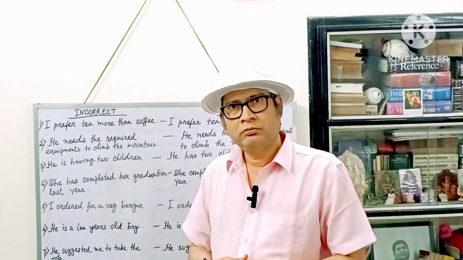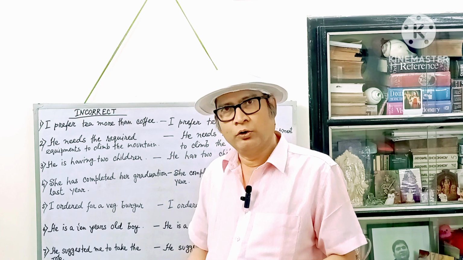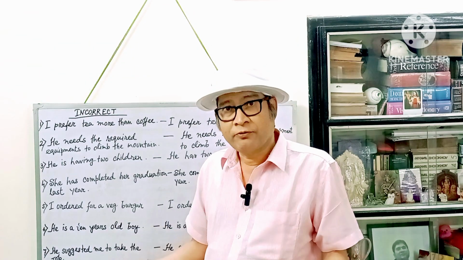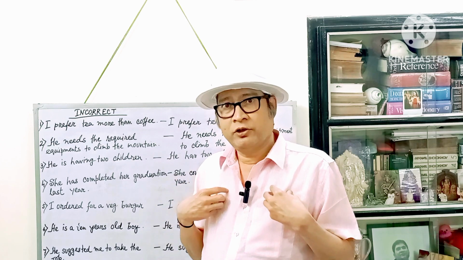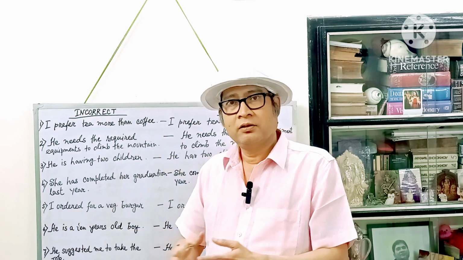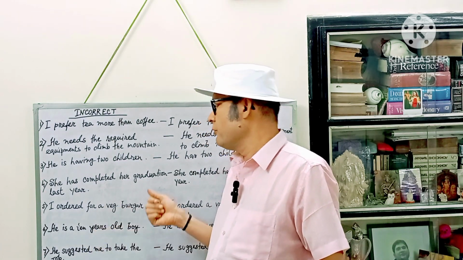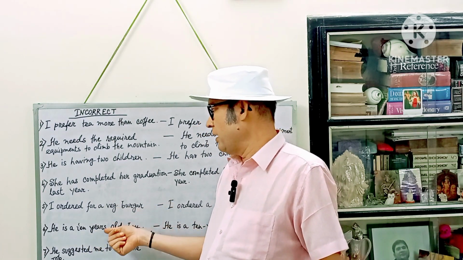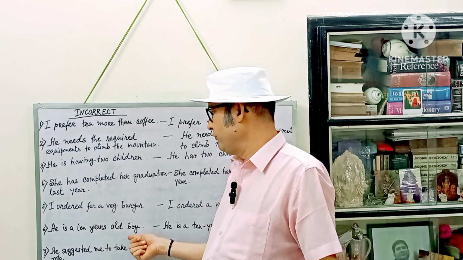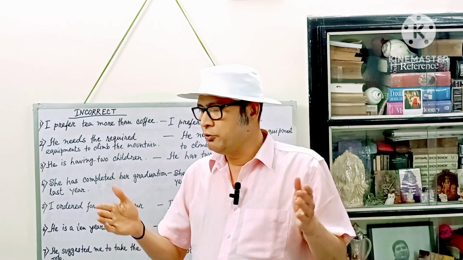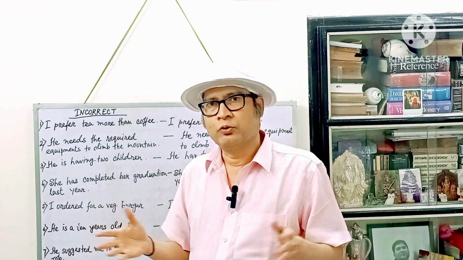Am I correct now? He is 10 years old. No hyphen, nothing. Of course, I am absolutely spot on. Why? Because here I am not using this particular phrase as a compound adjective qualifying a common noun that follows it. I am simply using this sentence, he is 10 years old.